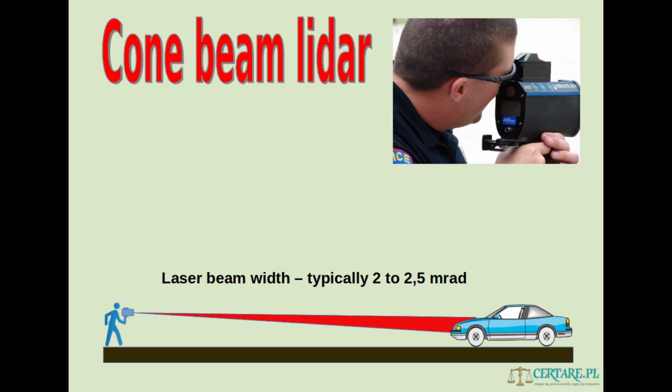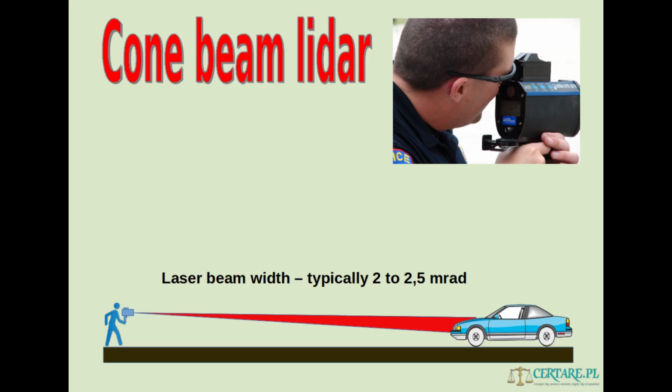So the core problem of using LiDAR for measuring speed of some moving object is that we need distances of the same element of some vehicle or some object at two different time moments. If we don't get distance from the same element, then obviously that's not going to be the speed of the object.